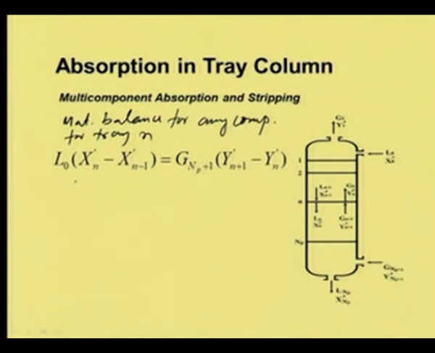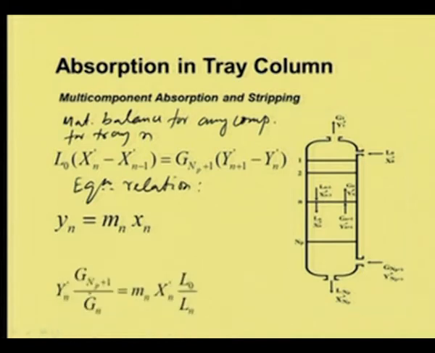Then the equilibrium relation, which is y n is equal to m n x n, and if we substitute the equilibrium relation into the earlier equations, we will get y n g n p plus 1 by y n is equal to m n x n dash L naught by L n.